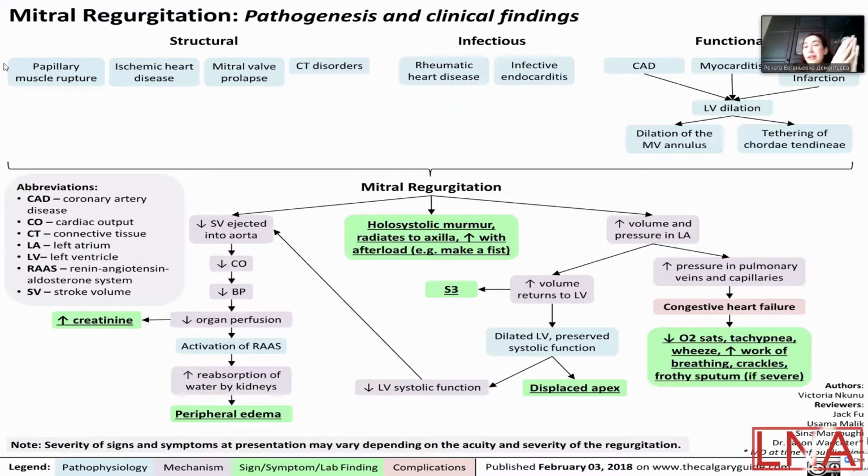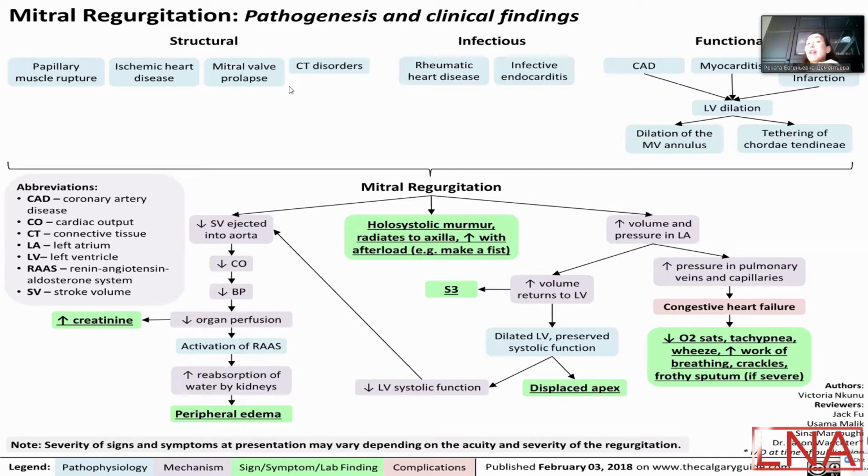Structure: papillary muscle rupture, ischemic heart disease with damage of the papillary muscles, mitral valve prolapse, and connective tissue disorders, which lead to damage of the cusps. Infection: rheumatic heart disease and infective endocarditis, 50% by rheumatic heart disease.